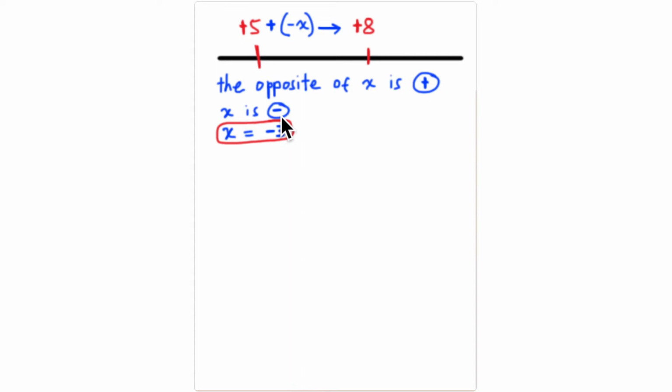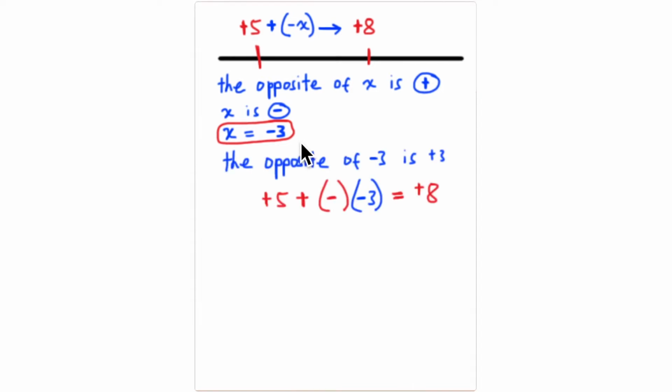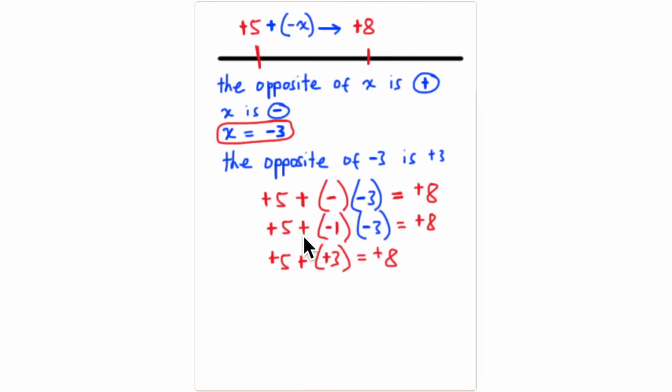So the opposite of negative 3 is a positive 3. So positive 5 plus the opposite of negative 3 equals positive 8. Well, the opposite of negative 3 is a positive 3. So positive 5 plus a positive 3 equals positive 8.